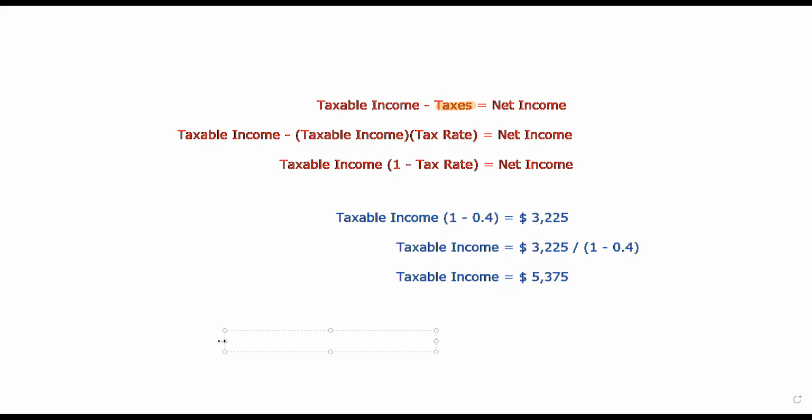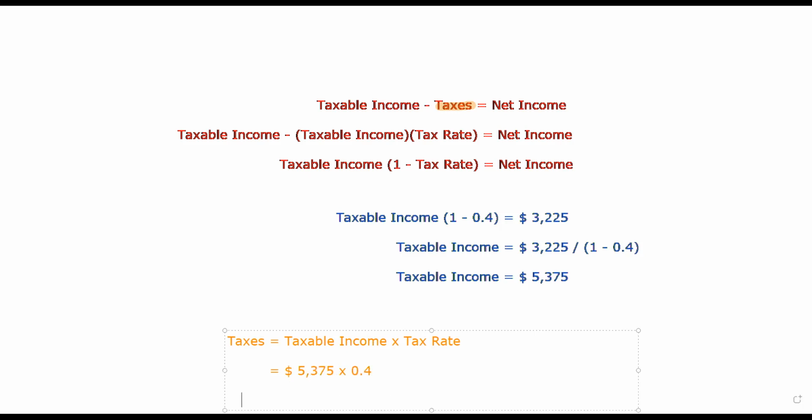So how to calculate taxes? The amount of taxes, we use taxable income times the tax rate. So my taxable income is how much? 5,375 times my tax rate of 0.4.